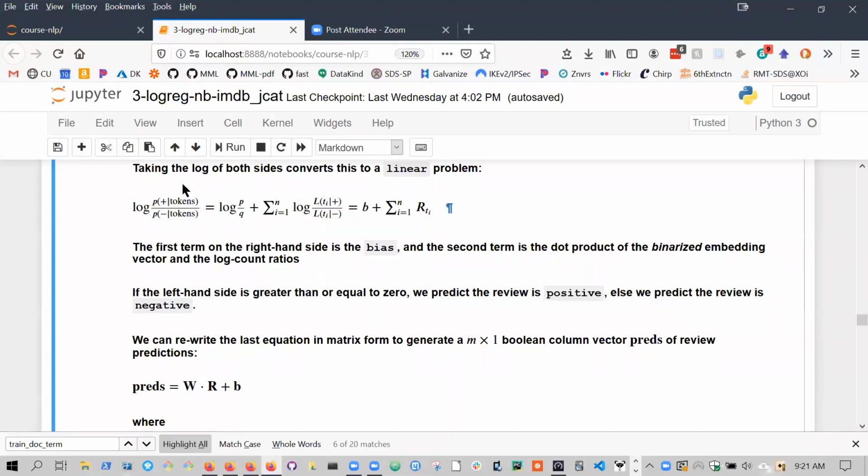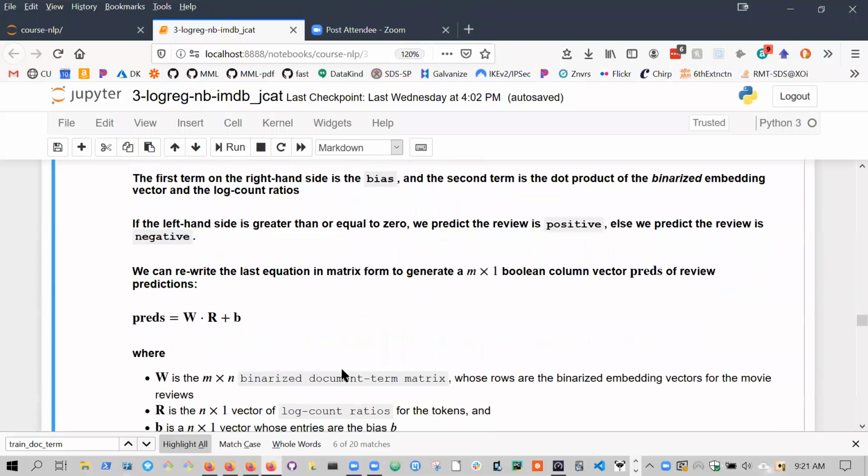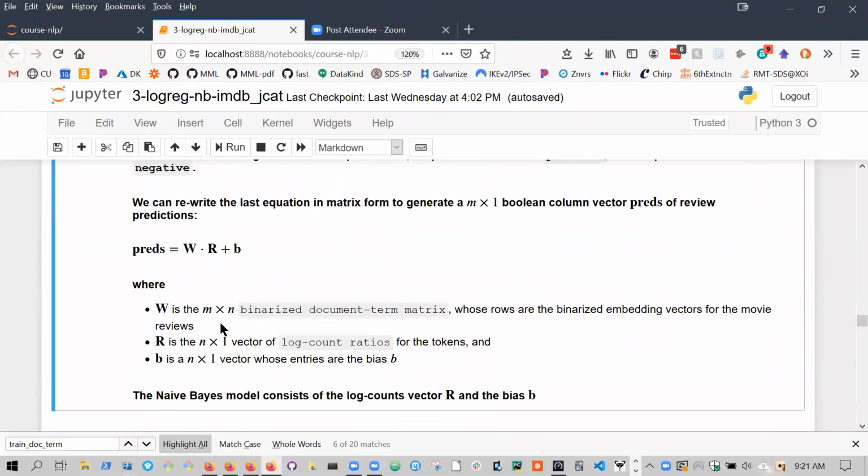So that's a way of writing this equation in a simpler form in terms of a matrix. I've defined what I mean here. W is the m by n binarized term document matrix. You just take the term document matrix and convert all the numbers greater than 1 to 1, and leave the zeros as they are.